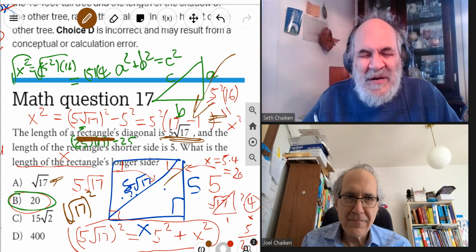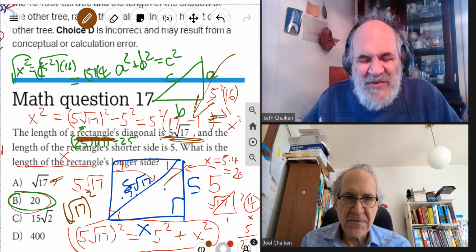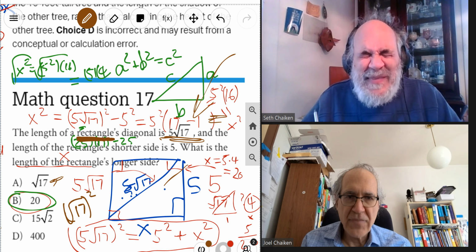The Pythagorean theorem applies. So you could think the Pythagorean theorem applies in two places. It's essentially the same: a self-standing right triangle, or a rectangle with its diagonal.